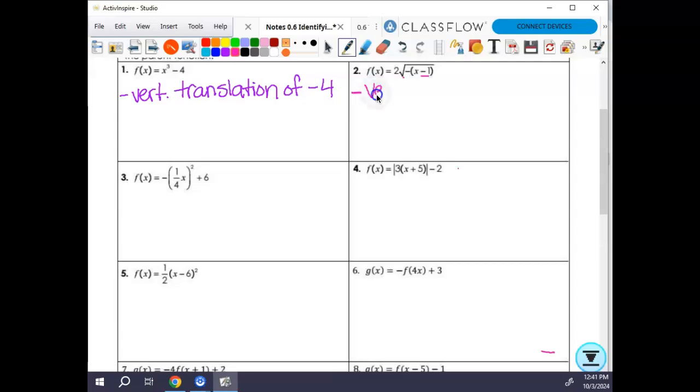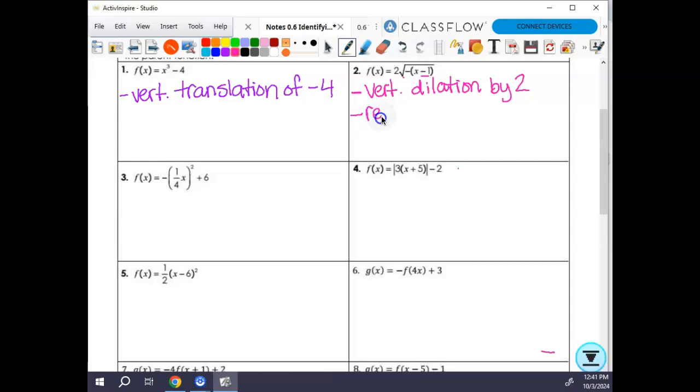So this is a vertical what? Okay, so it's a vertical stretch, right? But we're going to write vertical dilation by 2. Okay? So everything outside the square root affects y. Everything inside the square root affects x, which means I have multiplying by this negative.